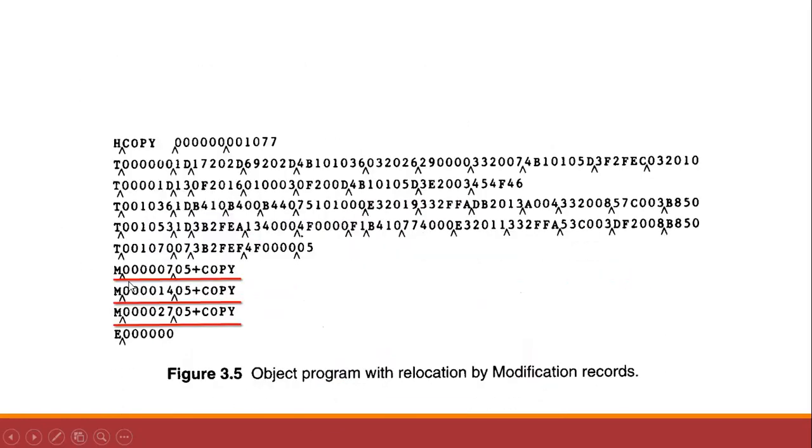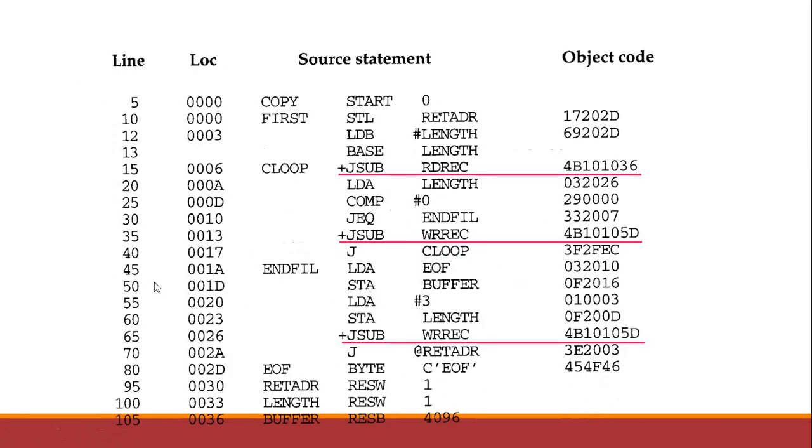The starting address 0007 is for the first line, line number 15. 0006 is the starting address of this instruction, but the first byte is used for the opcode, so the modification is applied from here, at 0007, and only these are the displacement in instruction format 4.